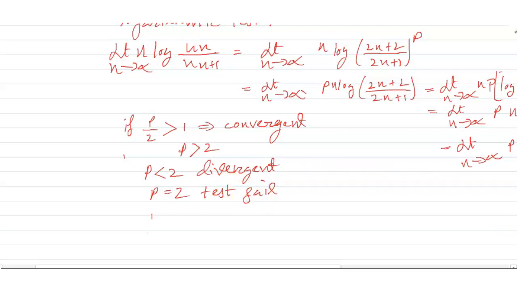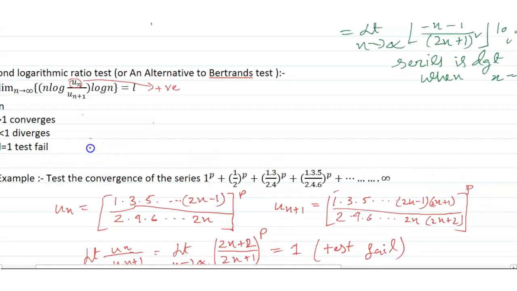So friends, now I have to use the Bertrand logarithmic test.